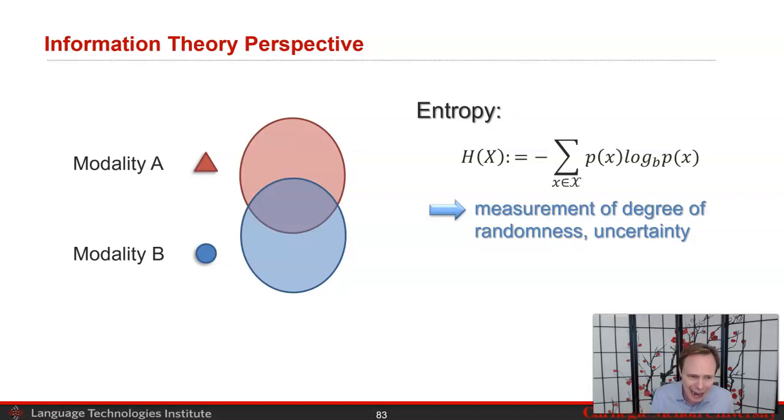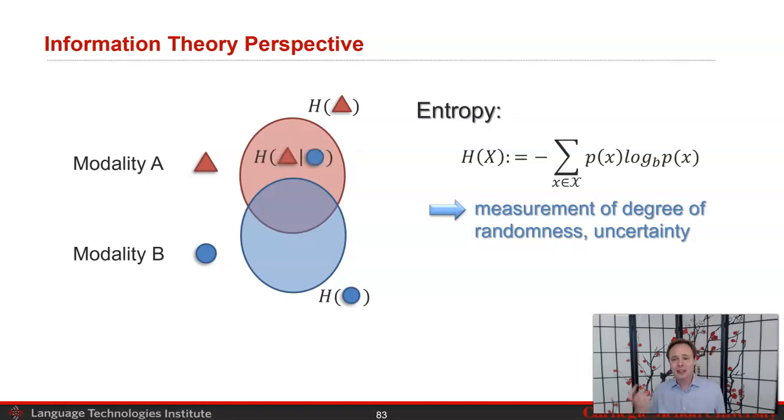If you look at it that way, then you can look again at this Venn diagram and say everything in red, including the intersection, is my modality A and its entropy, how it varies. The blue circle also includes all of it, including the intersection, and that's how modality B is varying.